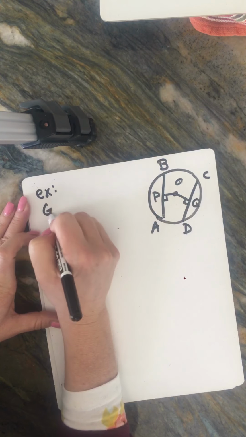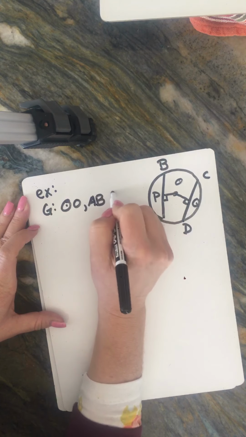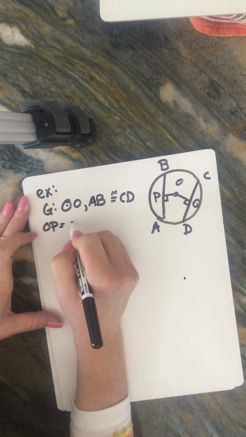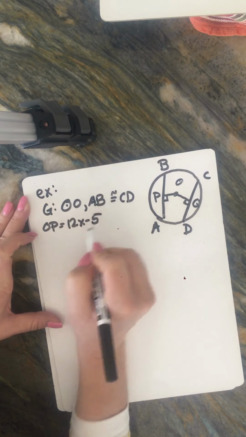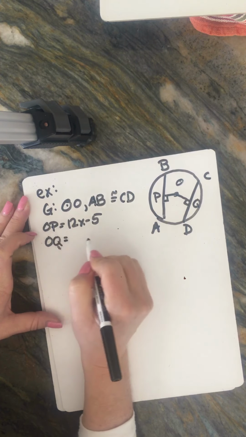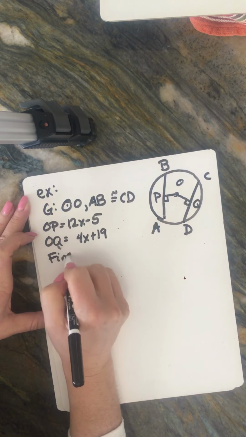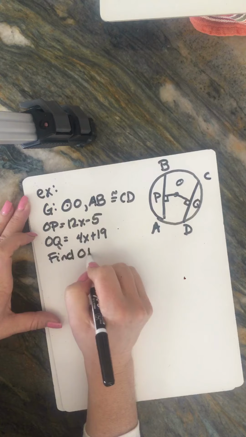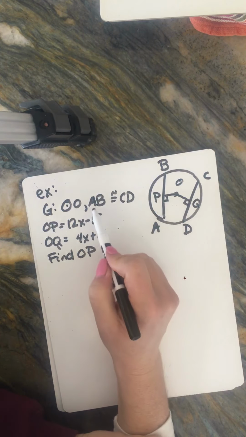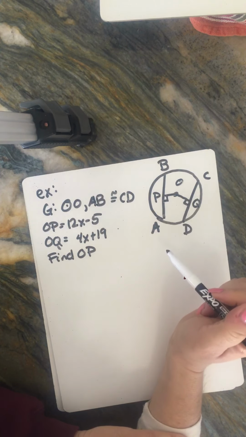Okay, so we are given circle O, and that AB is congruent to CD. We also know that OP equals 12x minus 5, and OQ equals 4x plus 19. We're going to find OP, which means first we need to know x. We know that the two chords are congruent, thus they are equidistant from the center.